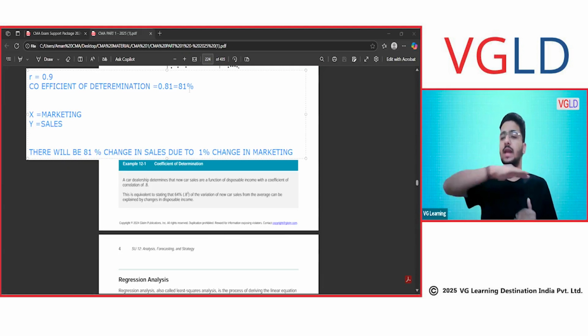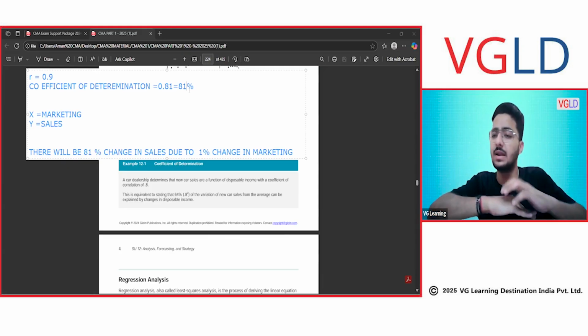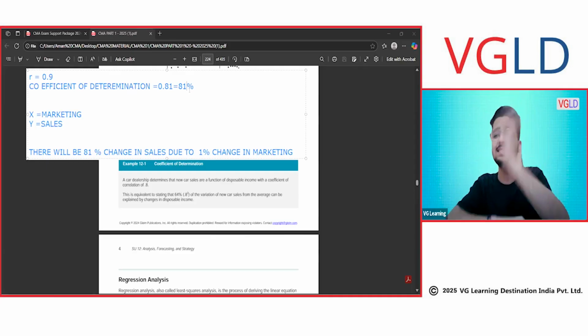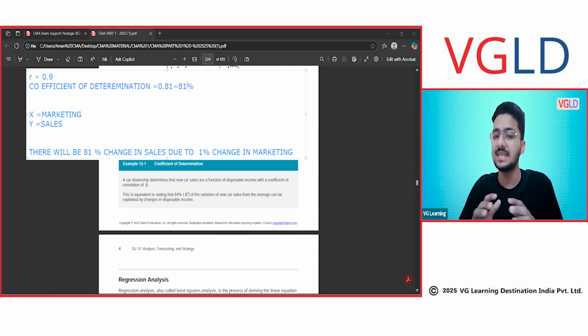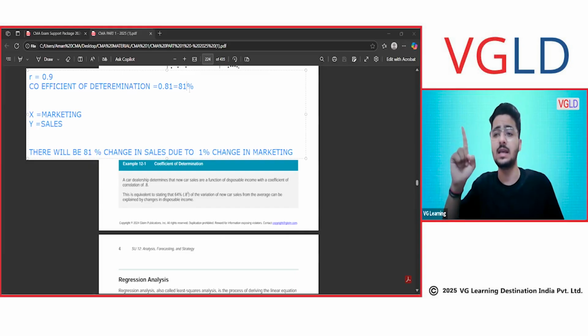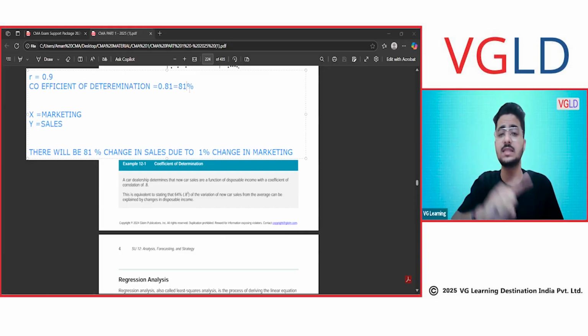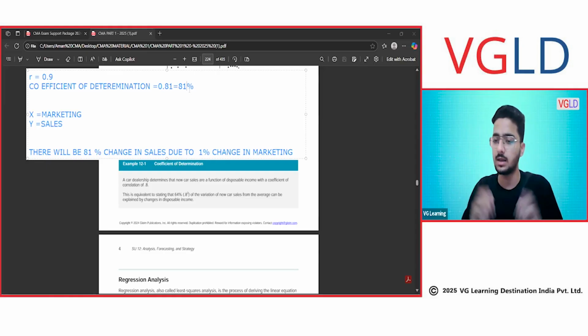I have taken my marketing on the x-axis. That's my independent variable. My sales is dependent on my marketing. So I can say that if there is just a 1% increase in marketing, there is 81% increase in sales. Or if there is just a 1% decrease in marketing, there is an 81% decrease in sales. Clear, Mehak?